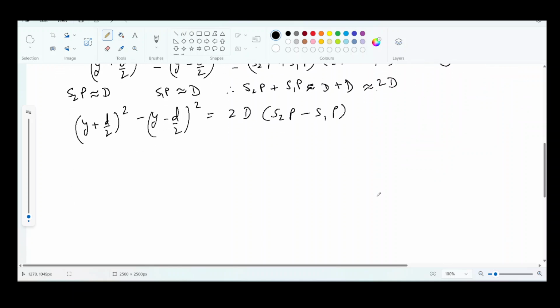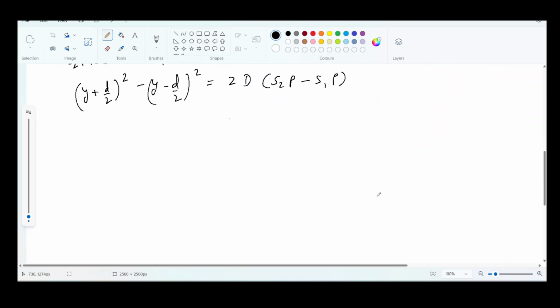Now what we have here is this equation. If you evaluate the LHS, applying the a plus b whole square formula, you have y square, you have minus y square, d square by 4 minus d square by 4. So things get cancelled, and what is left is yd plus yd, which is 2yd. 2yd equals 2d into S2p minus S1p.